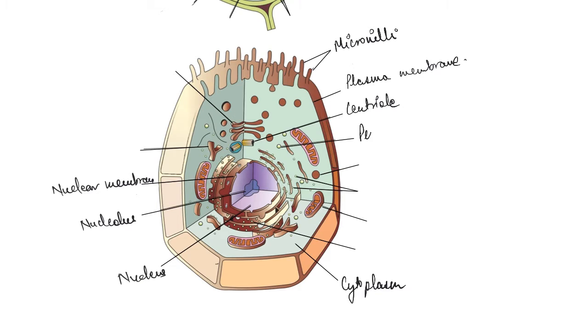you have peroxisome, you have lysosome, then you have ribosomes, then mitochondria as well.